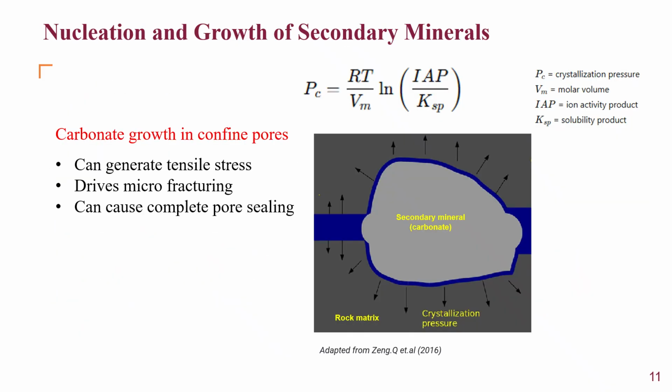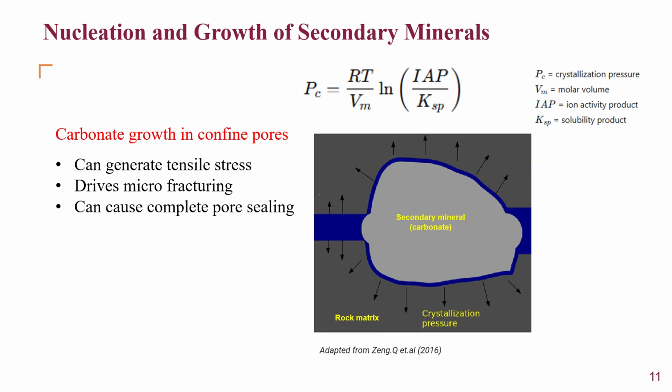Now, as this CO2 mineralization is going on and it's in the right medium, all the properties are suitable for secondary minerals to be forming. Sometimes these secondary minerals or carbonates can grow in confined spaces or pores.